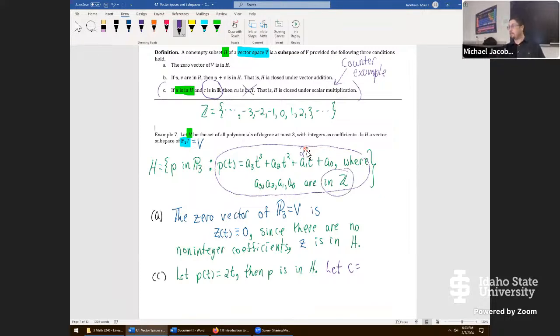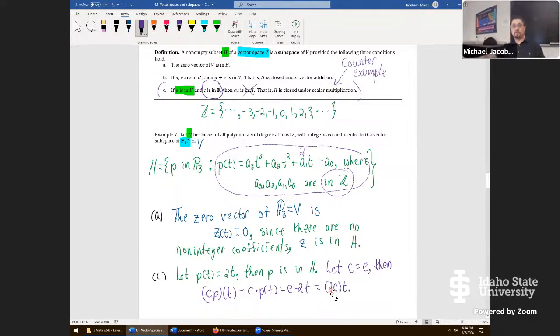It's an ordinary integer. But now, if you do something like this, let's pick our favorite irrational number. I kind of like e for Euler's number. That's a nice one, about 2.71. That is not rational. So if you let c be e, then c times p, it's a function operation, so we wrap that whole name, c times p, with parentheses, evaluate it at t, is going to be equal to c times p of t. c is equal to e times p of t, over here is a 2t, which is equal to twice e t.